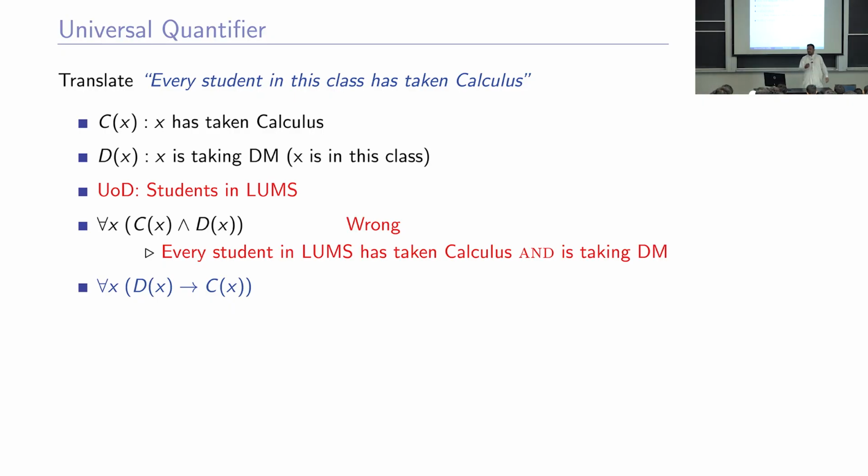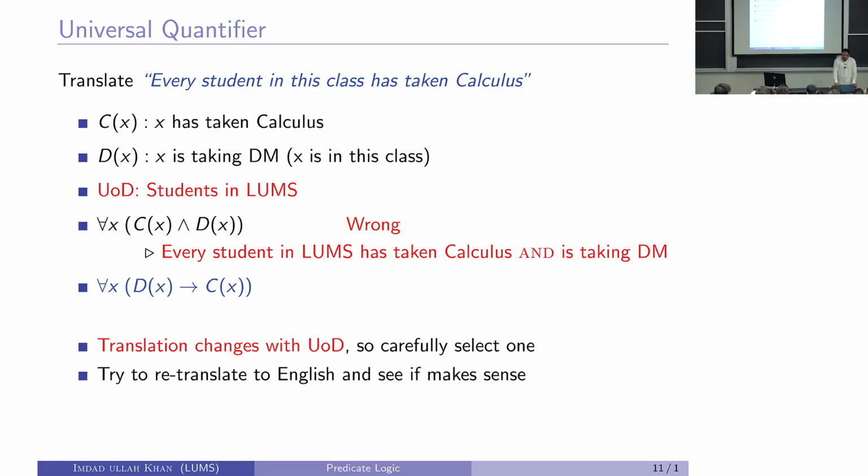Okay. So for all x, if you are taking discrete math, then you must have taken calculus, right? Or the contrapositive of it, if you have not taken calculus, then you will not currently be taking this course, right? If not C of x, then not D of x. Okay. So when somebody asks, what if we change the universe of discourse?